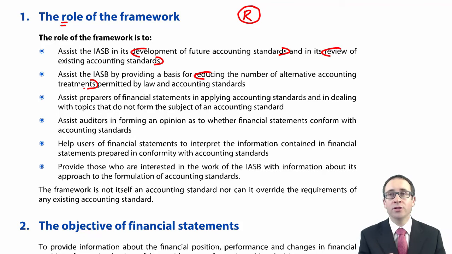If you incur interest on a loan that you have used to finance the construction of a non-current asset, so PPE, the interest now has to be capitalized as part of the cost of PPE. Previously, you had the choice. You could capitalize it or you could just expense it as normal. But now, to ensure that there is more comparability between entities, we are only able to capitalize the cost.